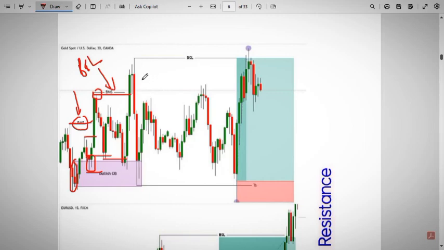Why? Because look at what happened next. We didn't have any clear reason for price to fill this fair value gap and tap into this order block. We don't have any clear reason. Why? Because we have already created traps here. Look at this.